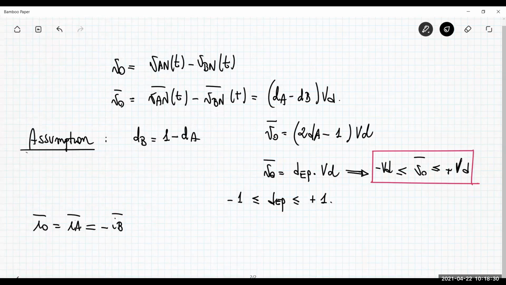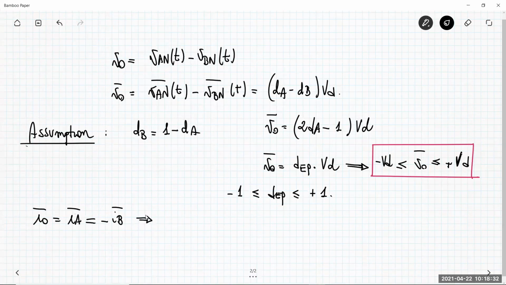So IDA average value is the duty cycle dA multiplied by I0 average value, which is the same as IA, and IDB is the duty cycle dB multiplied by I0, with a negative sign because IB is negative I0.